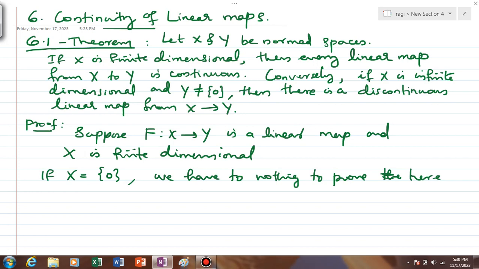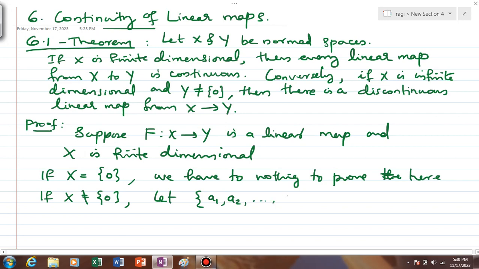And if X is not equal to {0}, then we can select a basis for capital X. Let a1, a2, ..., an be a basis.